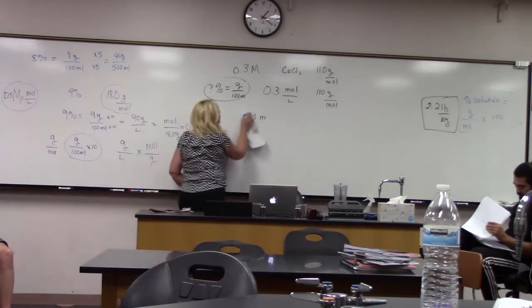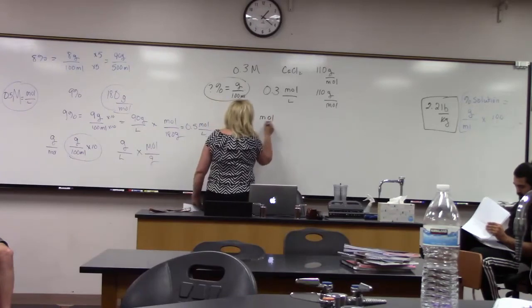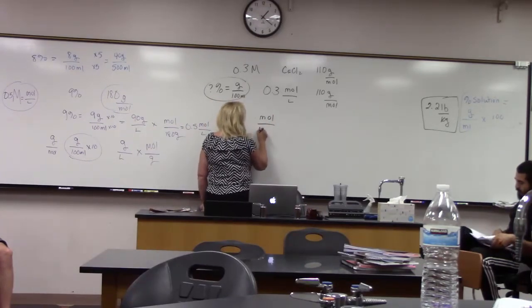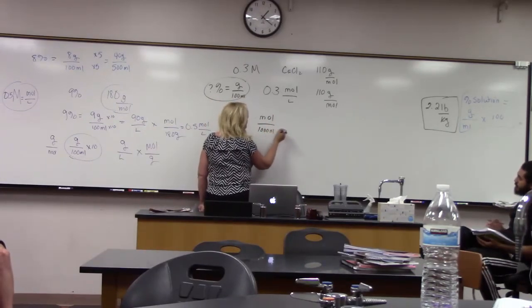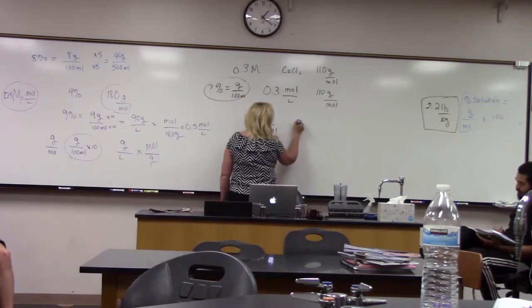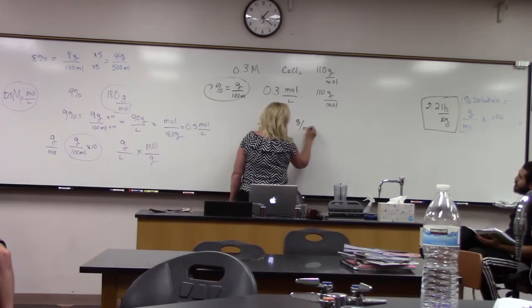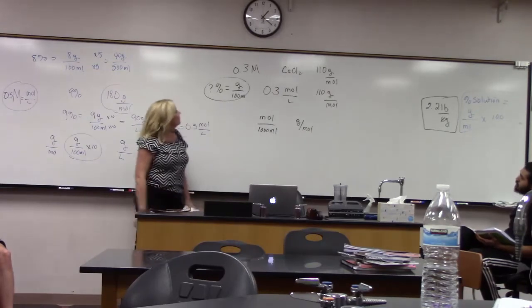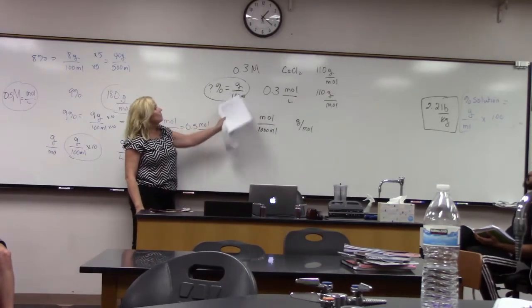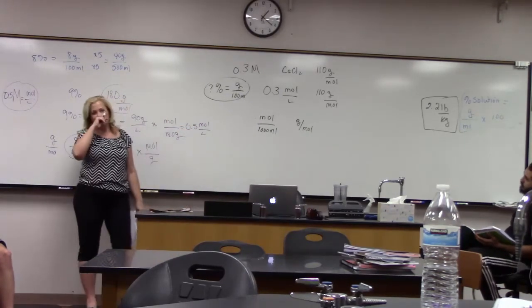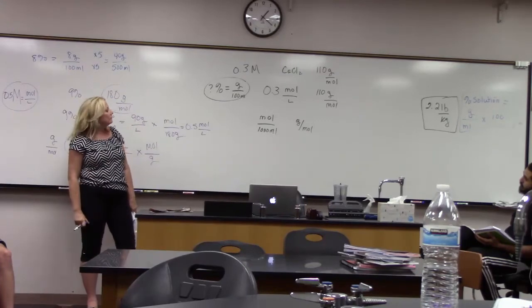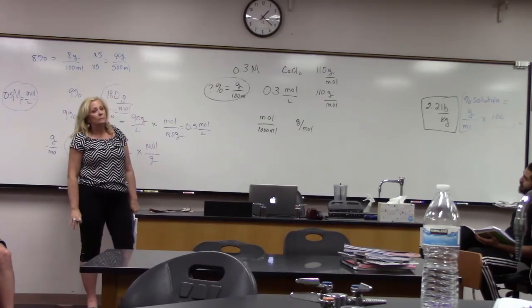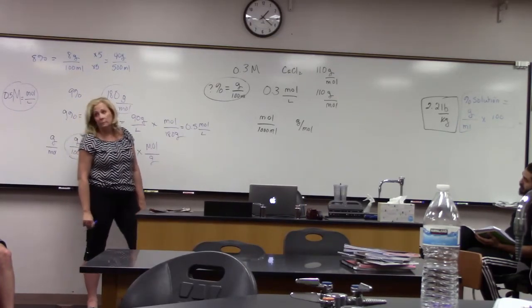We have mole per 1,000 milliliters. And we have grams per mole. So how do we get to grams per milliliter?